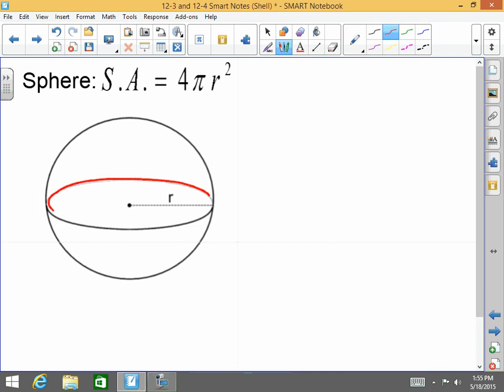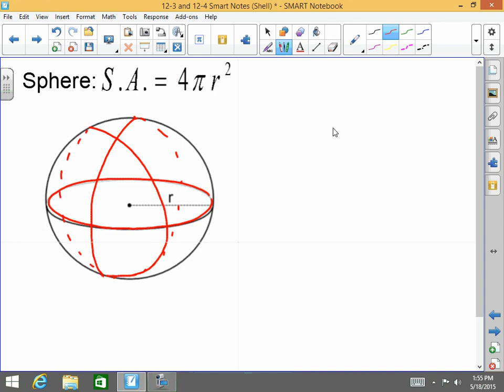A circle in the center, okay? A circle across the diagonal, okay? Another circle across this diagonal, okay?